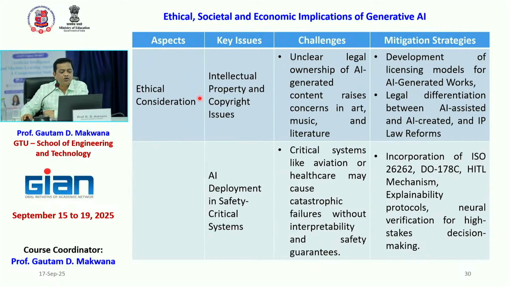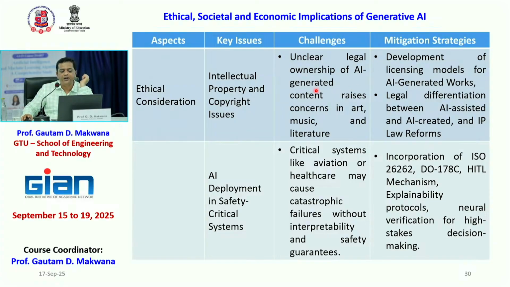Then there is intellectual property and copyright, which is one of the most important key issues. When I generate new content by using a generative AI model, who has the IP right? Okay, so this is one of the ethical key issues.